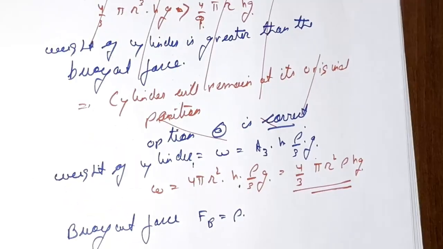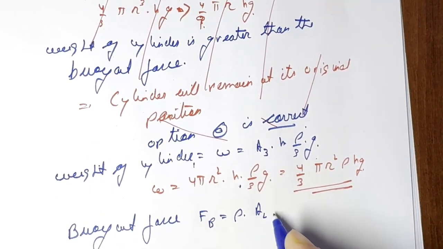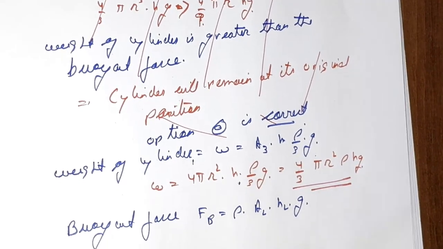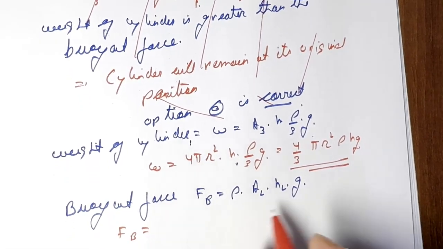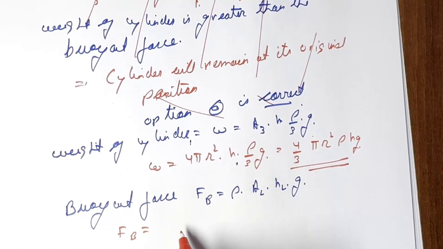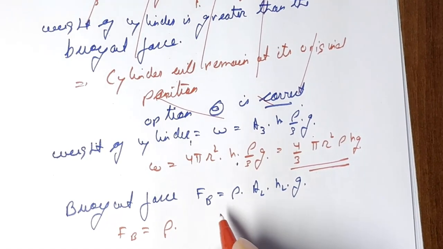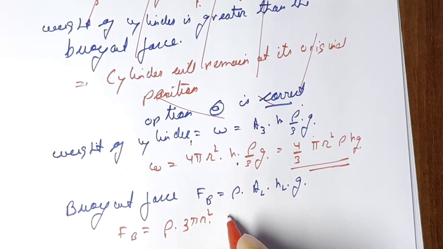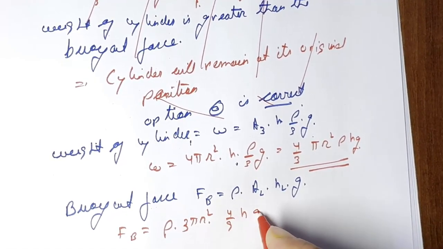So we have A2 multiplied by H2 multiplied by g. So we substitute the values: we have rho, and A2 we already know, A2 is our 3 pi r square, and the H2 and H relationship we know, H2 is 4 by 9 H, multiplied by g.